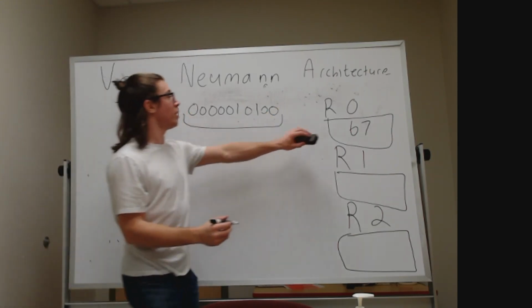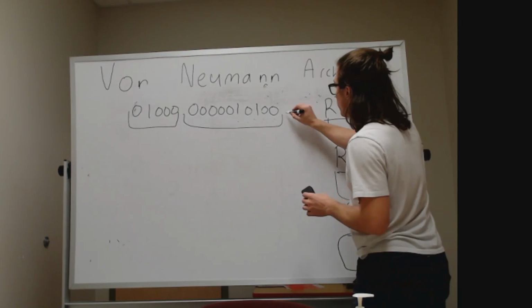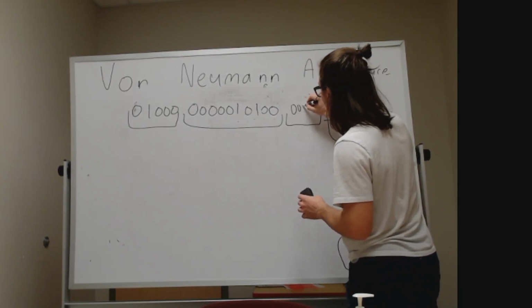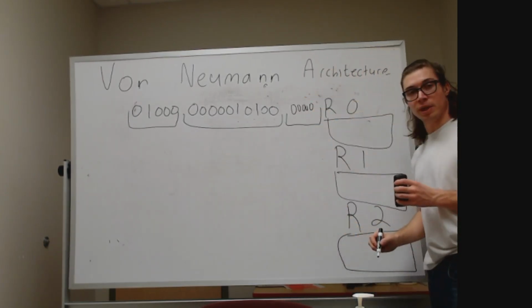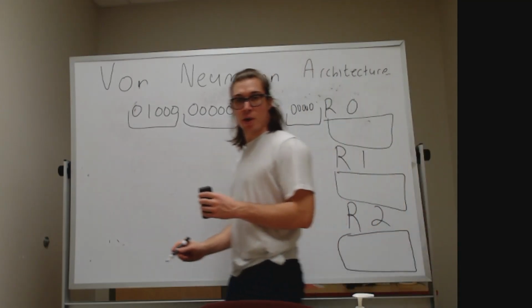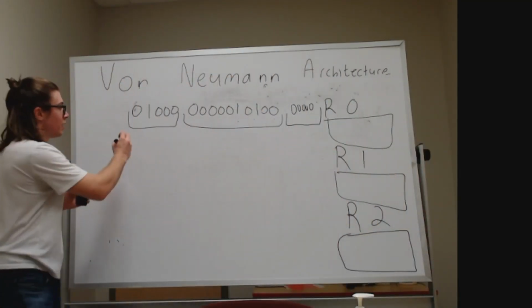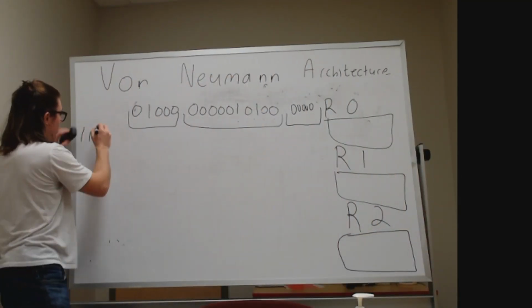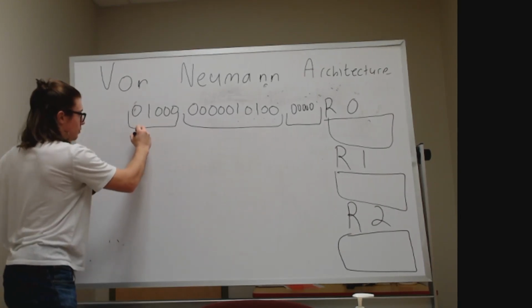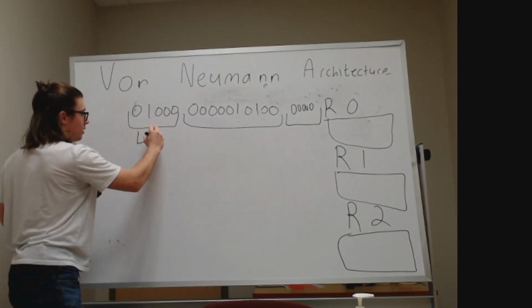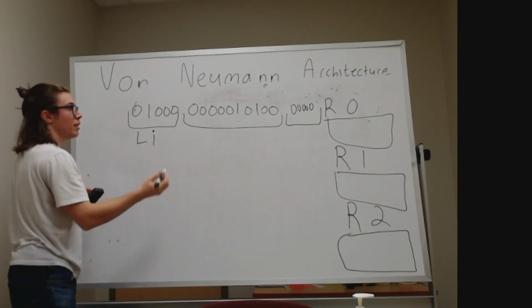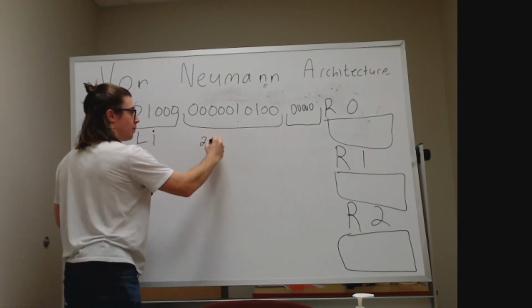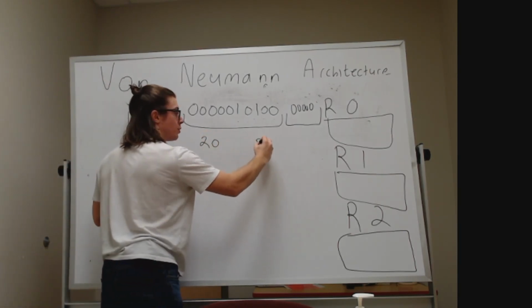And now where are we going to load it? Well, let's load it into register 0. 1, 2, 3, 4, 5 zeros means register 0. All right. So this is load integer or load immediate number 20 into register 0.